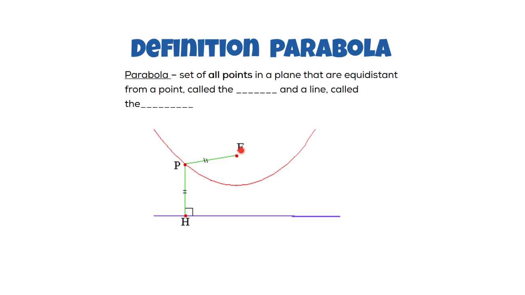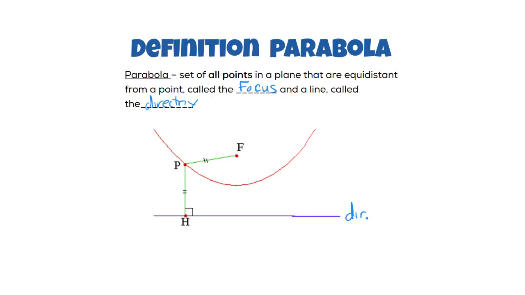It's right here. I use an F for the focus. So let's write the word focus there. So they're equidistant between the focus and a line called the directrix. These are new things. So what we're going to talk about parabolas is going to be new for us here.